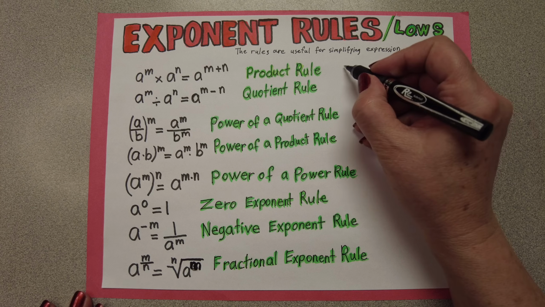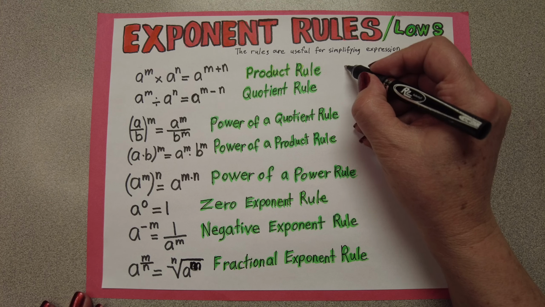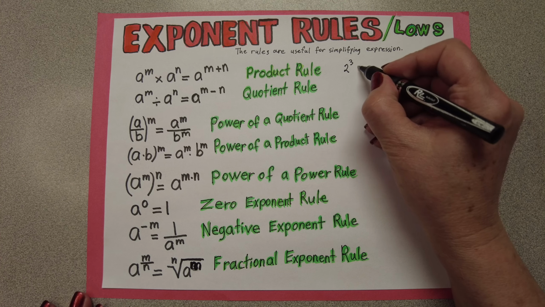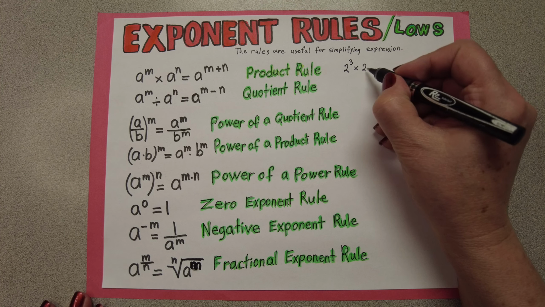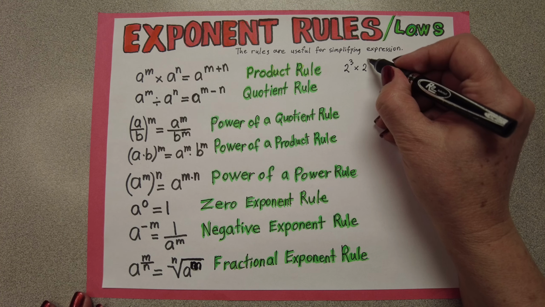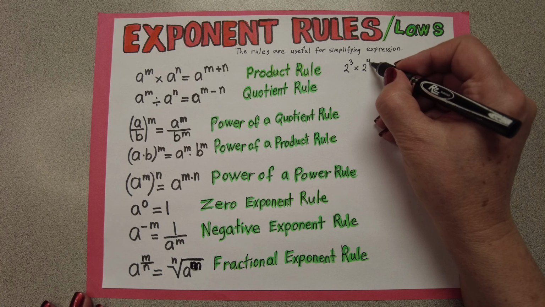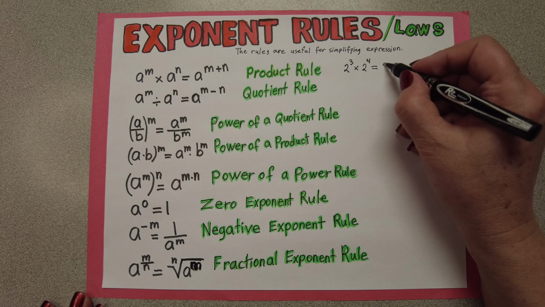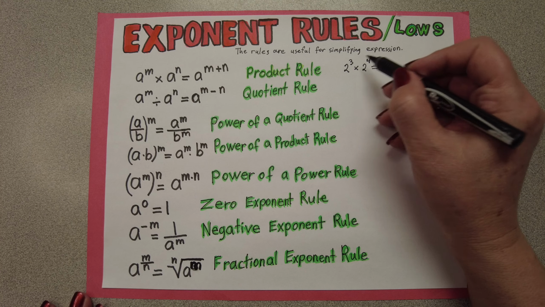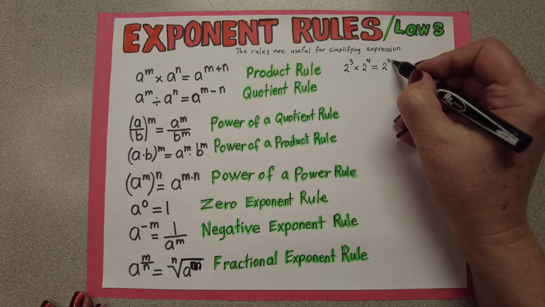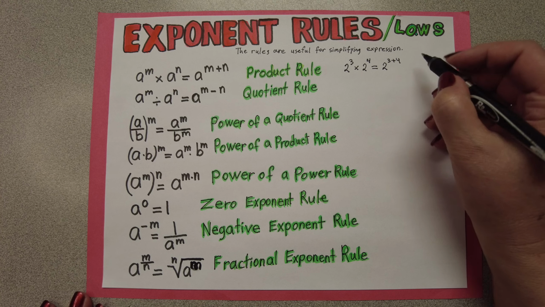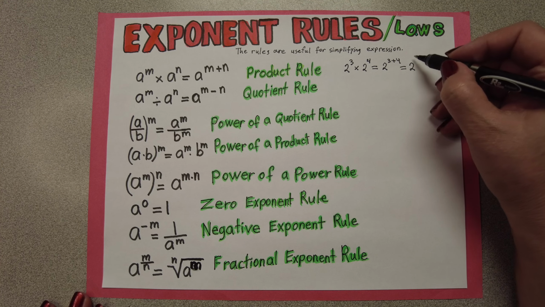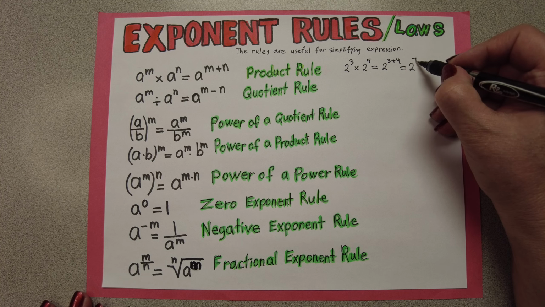If we have 2 to the power of 3 times 2 to the power of 4, we can write this as 2 to the power of 3 plus 4, which is equal to 2 to the power of 7.